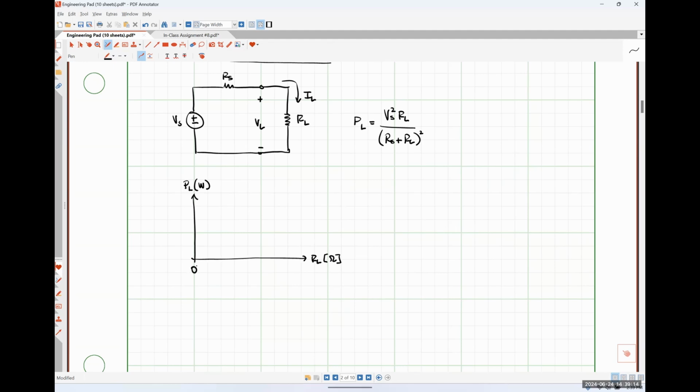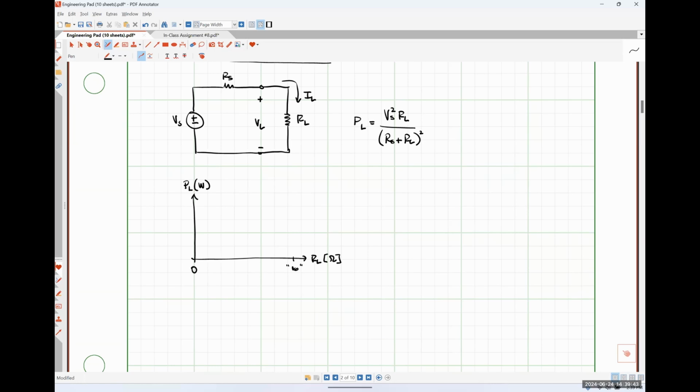So the left-hand side of this graph effectively corresponds to our load resistance being a short circuit. And as we get closer to the right-hand side of the plot, and I'm just going to arbitrarily put a point here that I'm going to call infinity, this is what our power is going to look like when our load resistance is an open circuit.